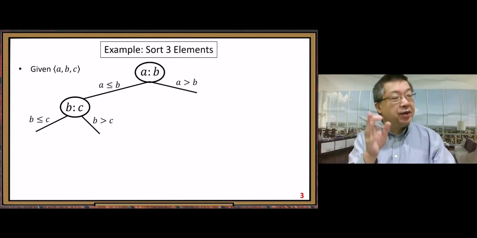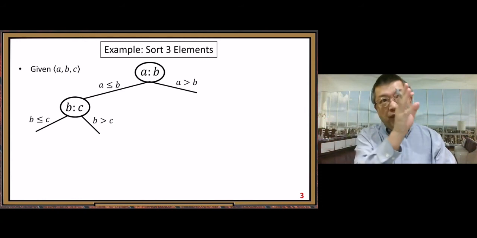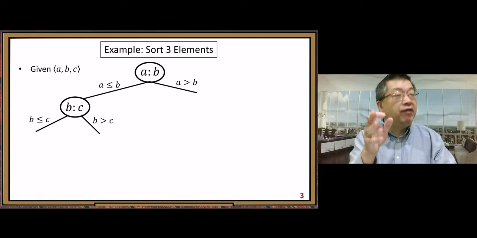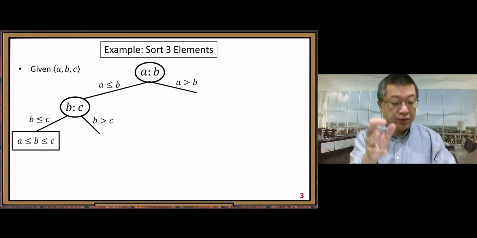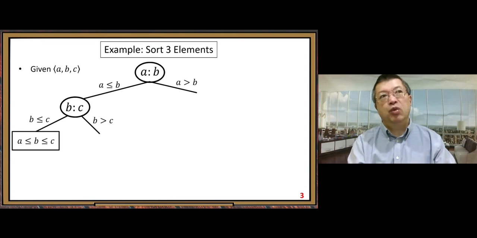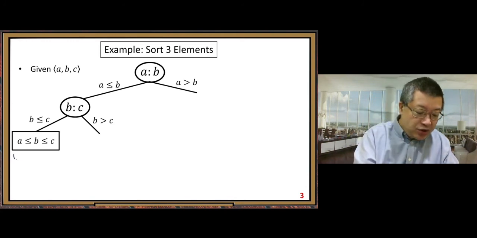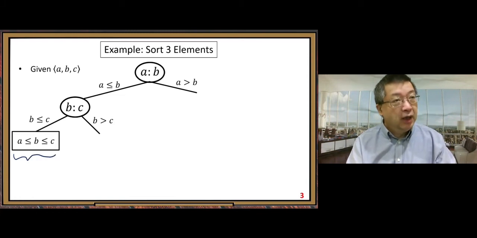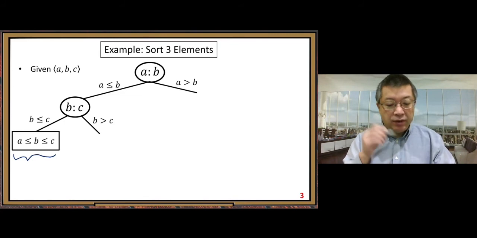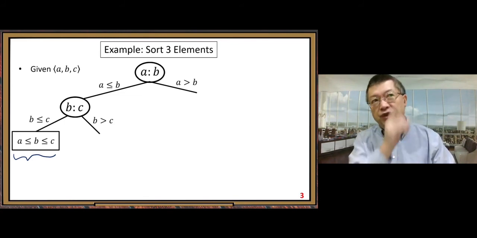B less than or equal to C and B greater than C. For B less than or equal to C, we have enough information to draw the conclusion. So we get a sorting result. We reach the leaf node. That is the sorting result, A less than or equal to B and less than or equal to C. The first leaf.